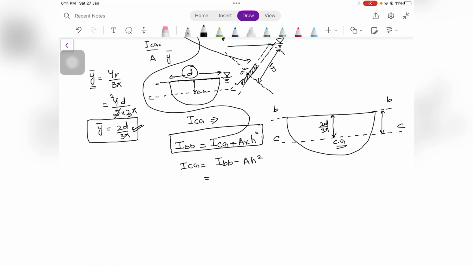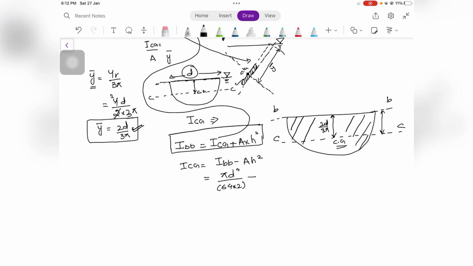Now, the moment of inertia of a semicircular plate about an axis which passes through its base equals pi d to the power 4 upon 128, because in case of a circle it's pi d to the power 4 upon 64. So since a semicircle is half of a circle, the moment of inertia about an axis passing through the diameter is half of the moment of inertia about an axis passing through the diameter of a circle.